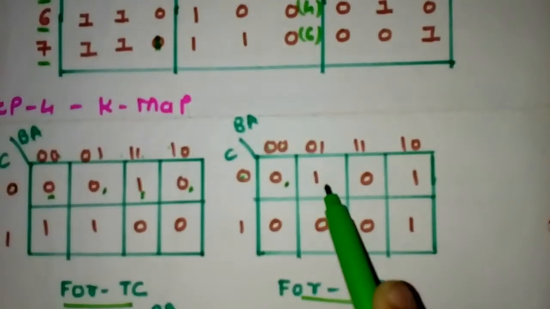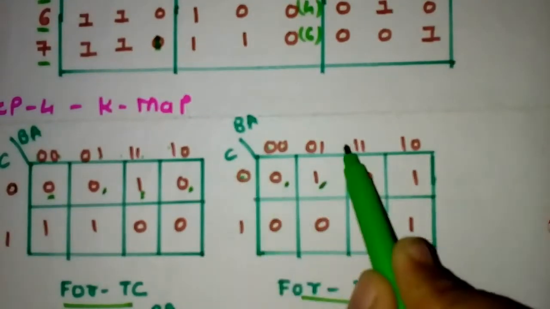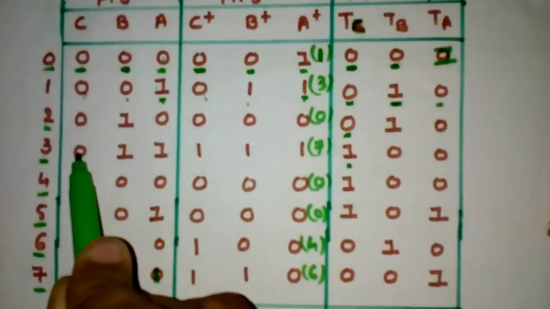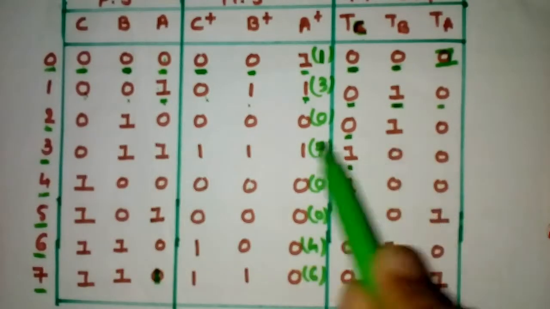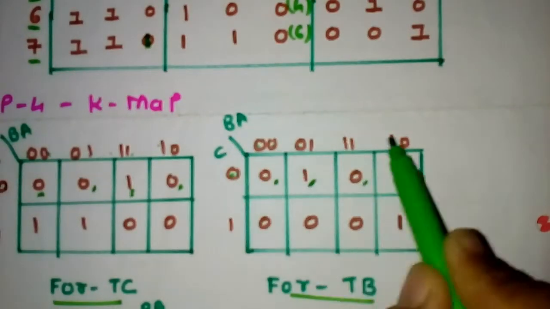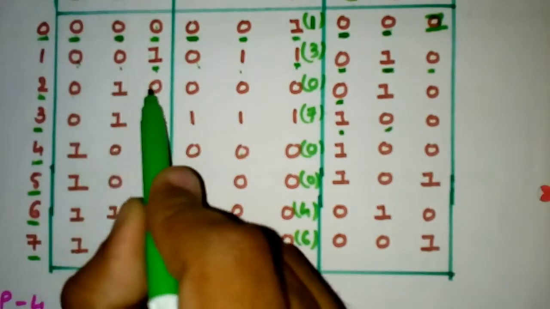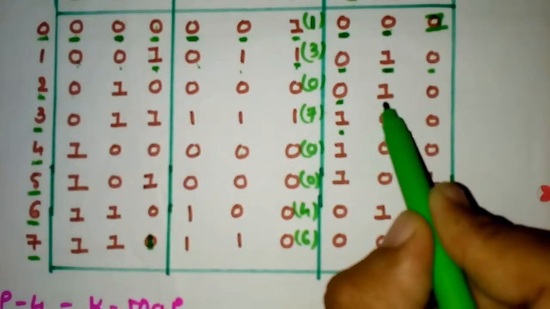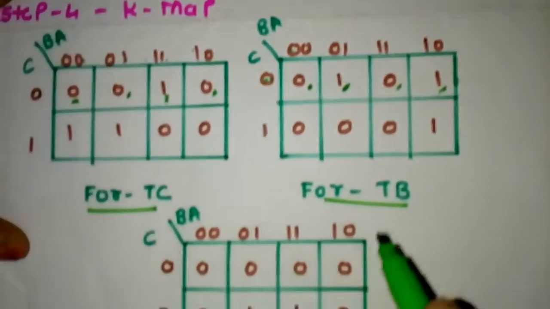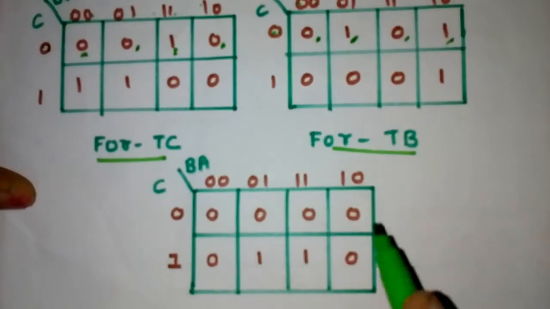For 0 1 1, the output is 0. For 0 1 0, the output of TB is 1. According to this, fill up all the blocks for TB, and likewise fill up all the blocks for TC.